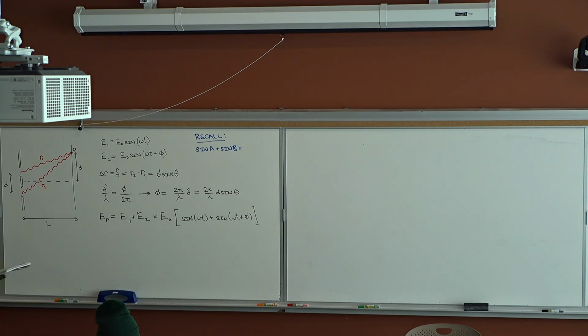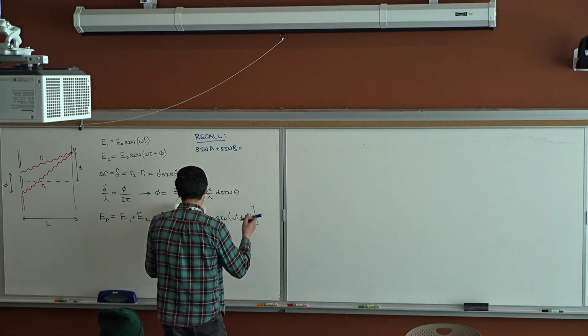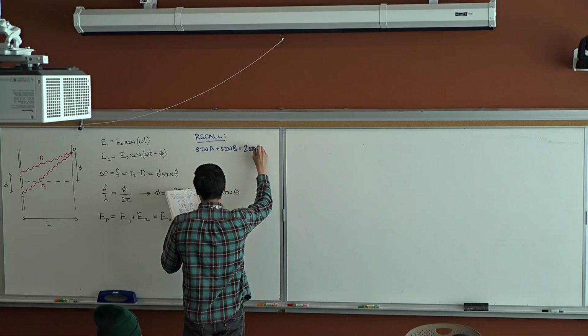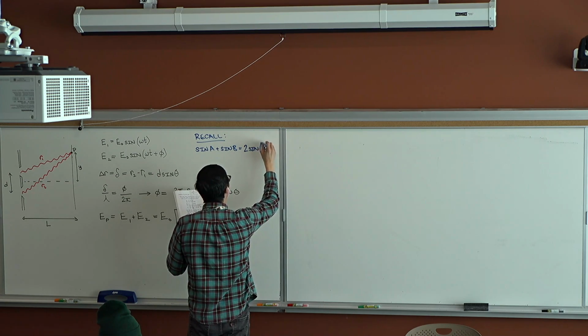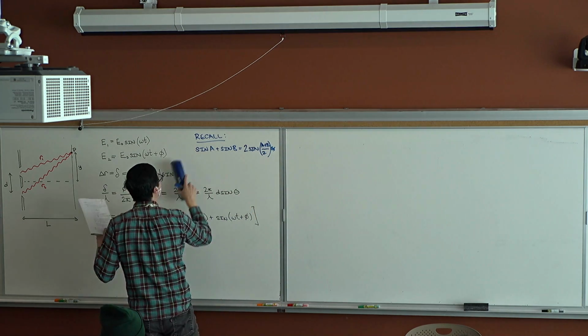1. Sine squared of A plus cosine squared of A would be 1. This one winds up being 2 sine of (A plus B) over 2 times... oh, drats, I ran out of space.